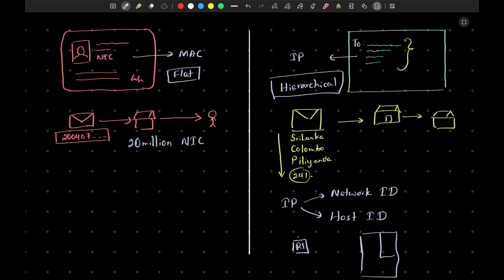So what we can do is, this network ID determines the local area network, and then we can use the host ID to get into the particular subnetwork. Because as you know, there are networks, and inside them there are subnetworks, and inside those subnetworks there are computers, right? There are electronic devices. So like that, these IP addresses are hierarchical.